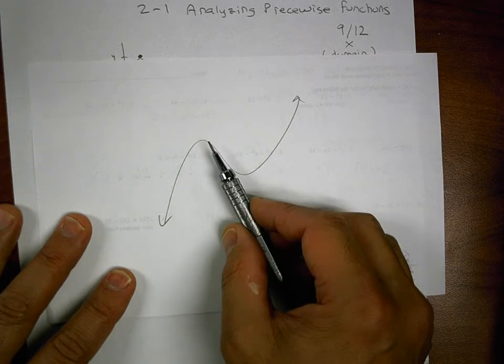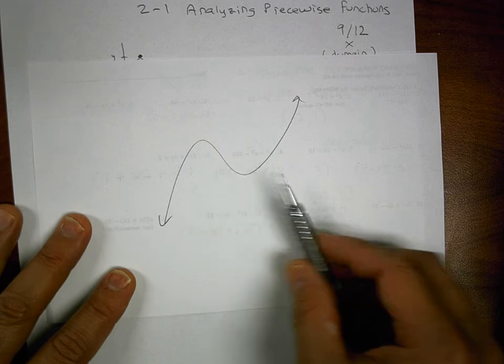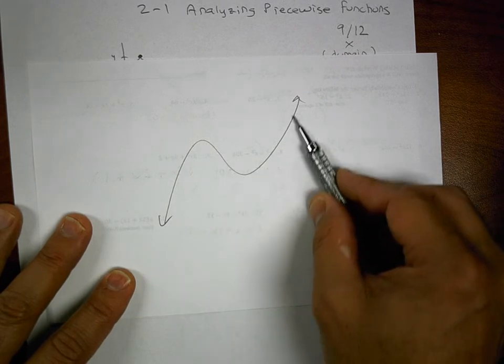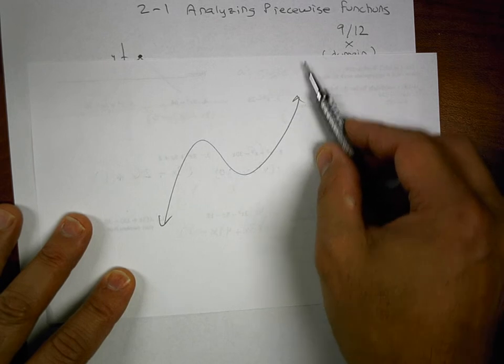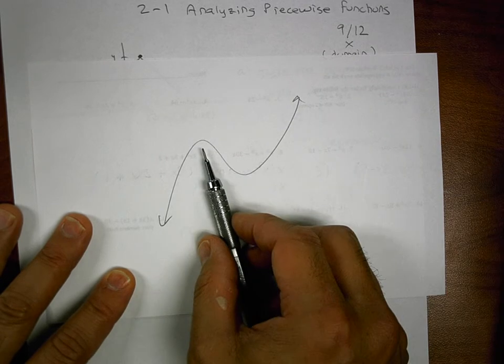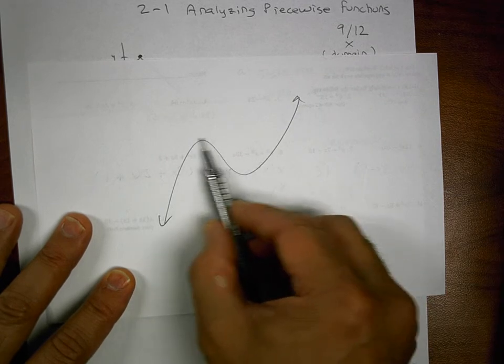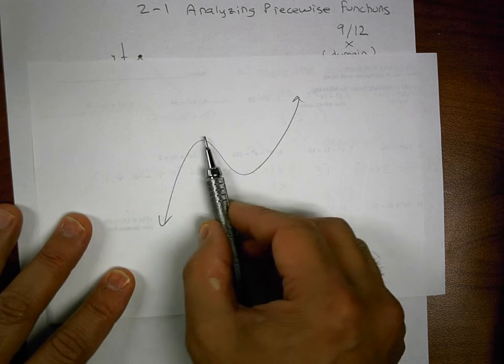Well, this goes up forever, right? So it can't even have a max. It keeps going up. But if I asked you, is this point right there a relative maximum? What would you think?